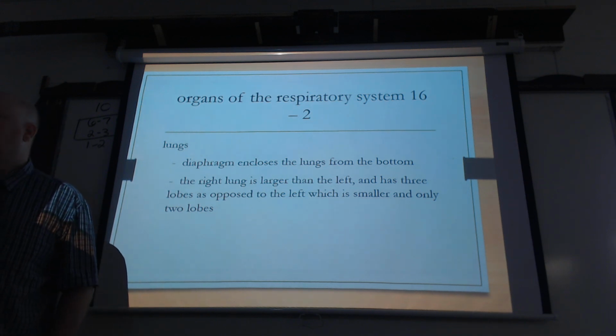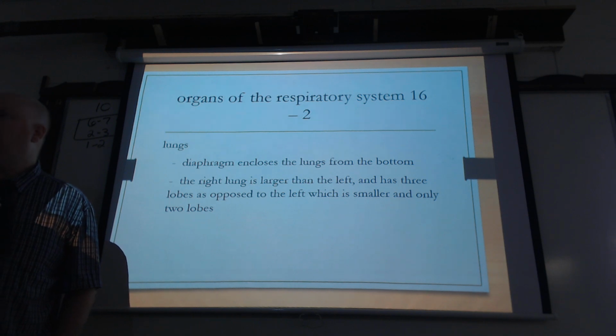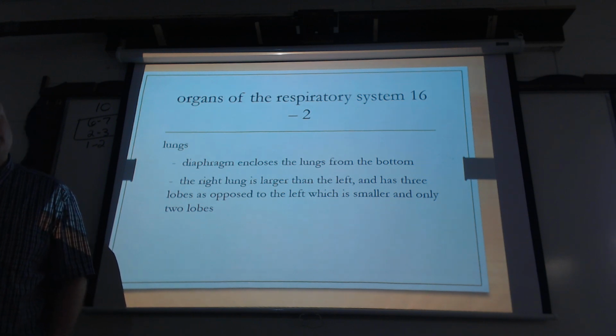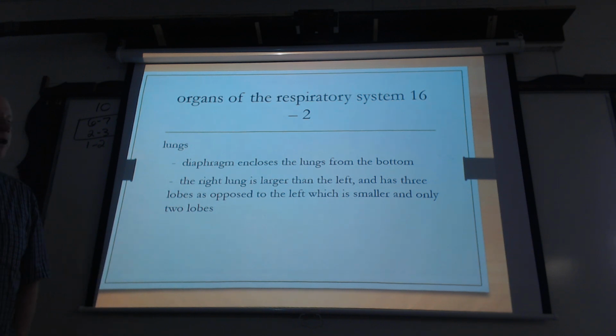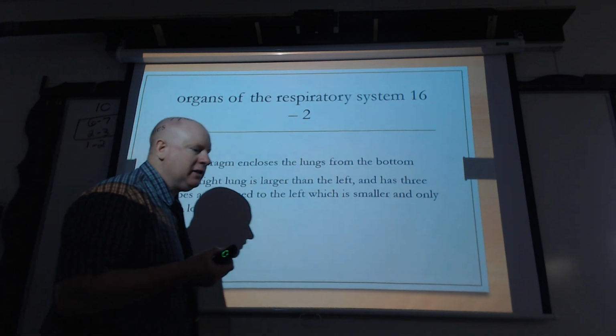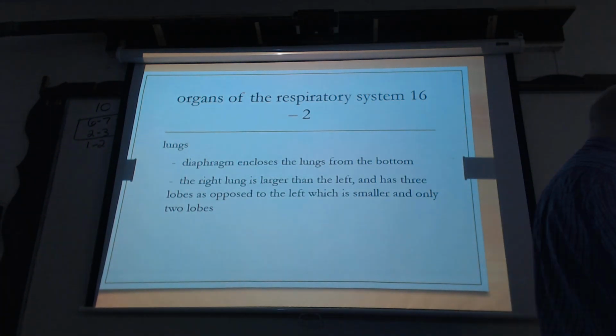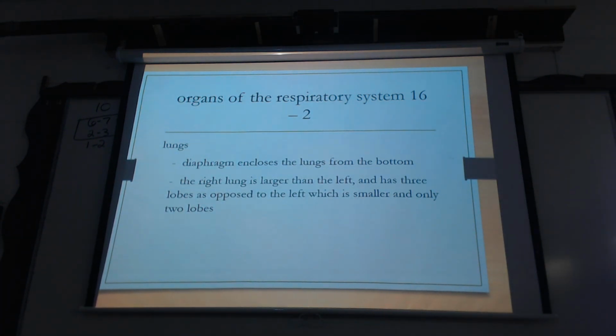Is the heart further to the left or further to the right? Why are you right? Because of the lobes and how it sits in the mediastinum, the heart takes up that extra space on the left side, so the left lung is just a little bit smaller, and the right side is just a little bit larger.